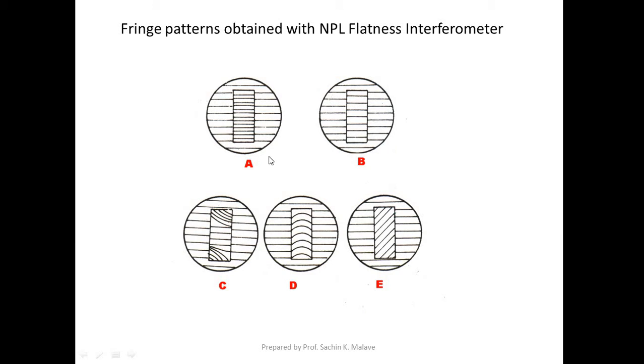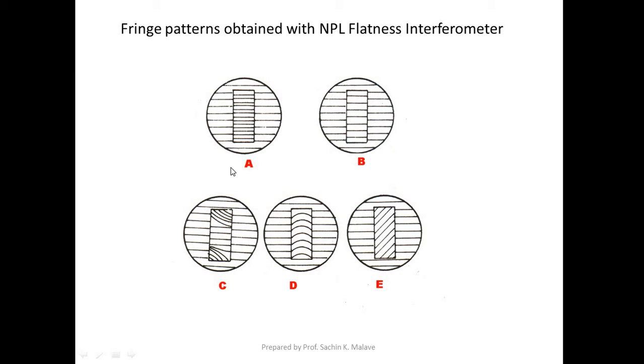So there is a particular pattern for each surface. The gauge top surface may be flat, it may be convex, its corners may have worn out, it may have taper along the longer edge, or it may have taper along the shorter edge.